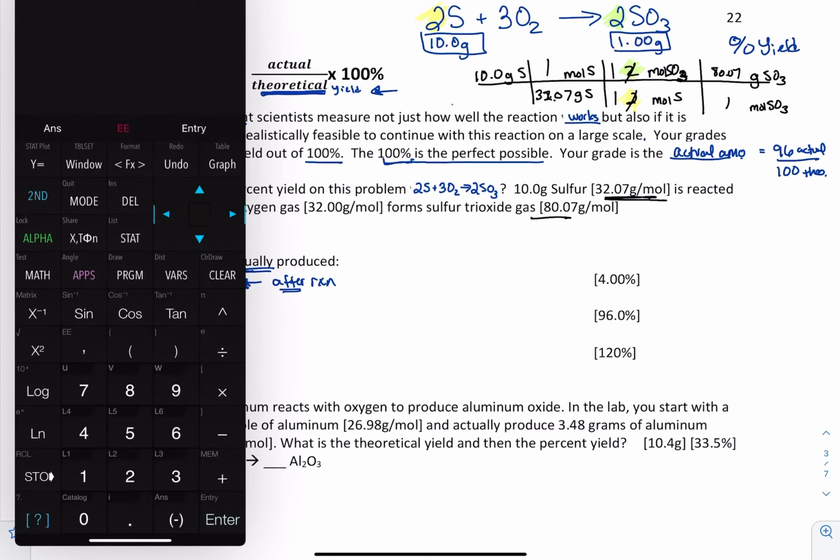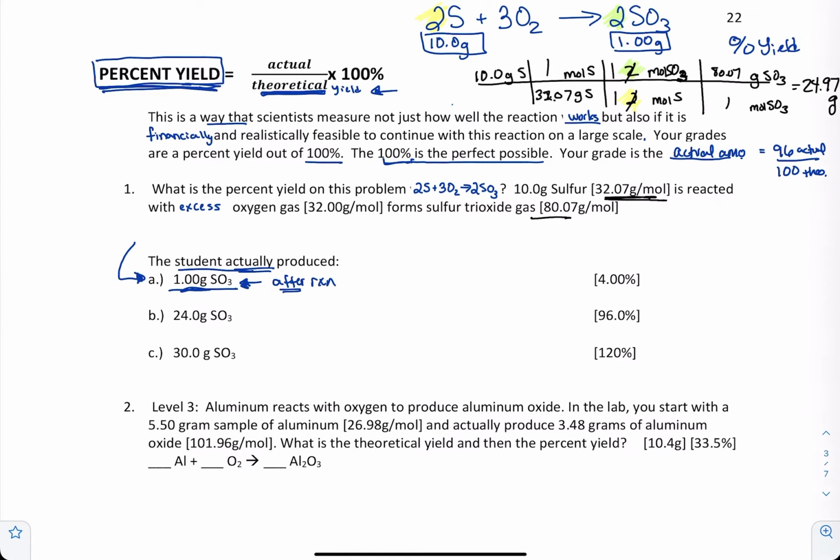Oh, I accidentally put 2 times in there. And so that gives me 24.97 grams. And that's what's going to go on the bottom right there, the 24.97 grams.